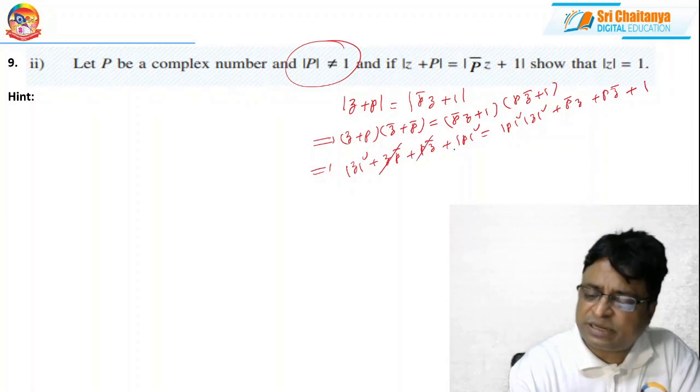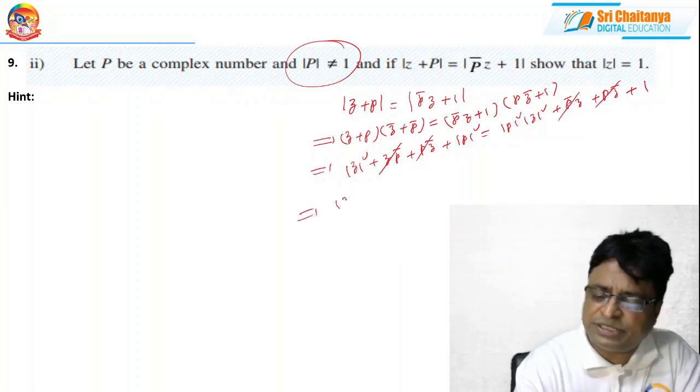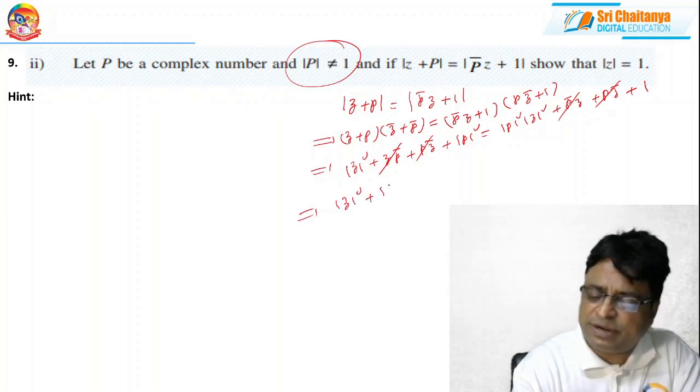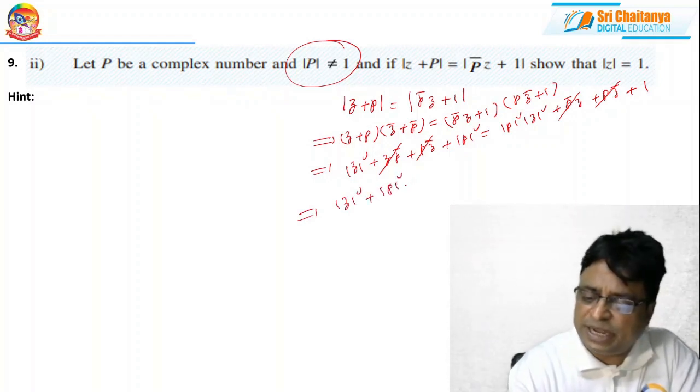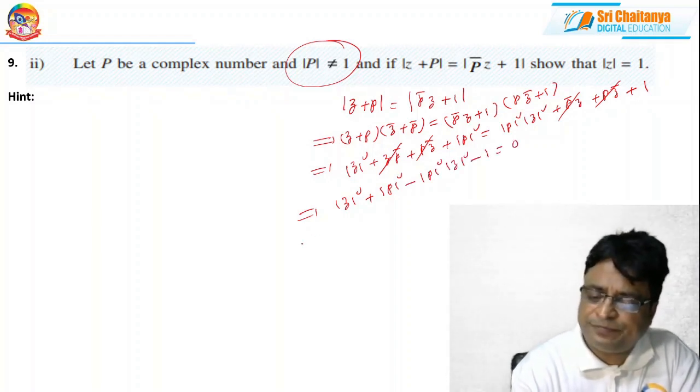See, these terms get cancelled. So bring this side: mod z whole square plus mod p whole square minus mod p square mod z square minus 1 equal to 0.